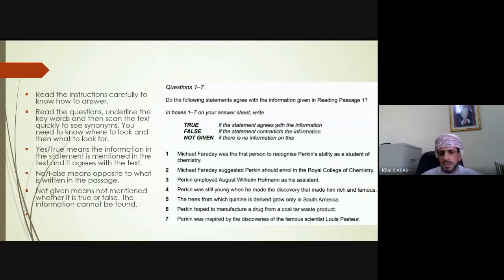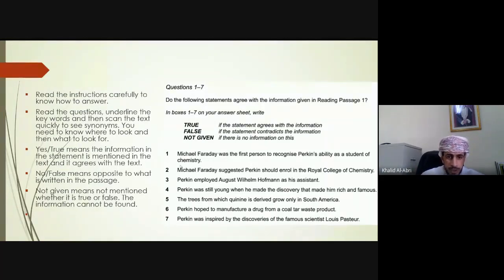True means the statement is mentioned there, yes, it is correct. And false, the statement is the opposite: the opposite of what is written in the passage is mentioned. And not given, there is nothing mentioned about that. I couldn't find anything about this, so that is not given.